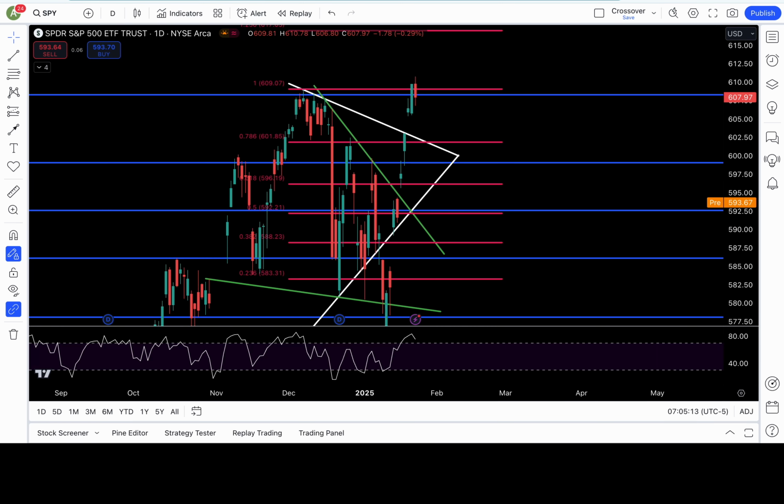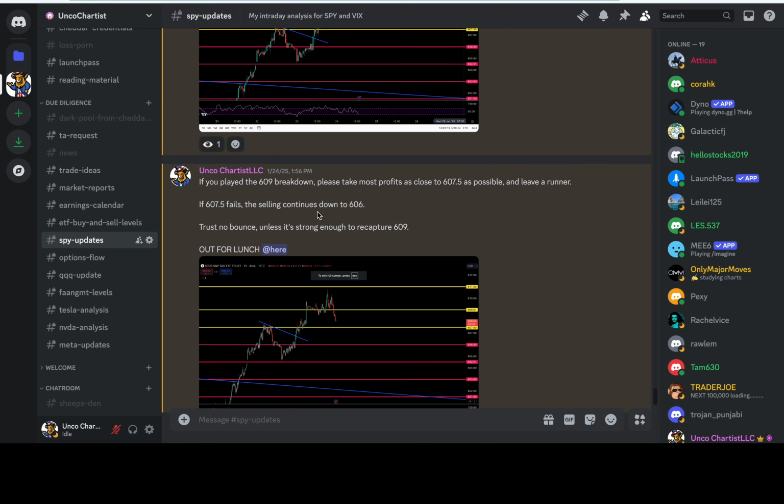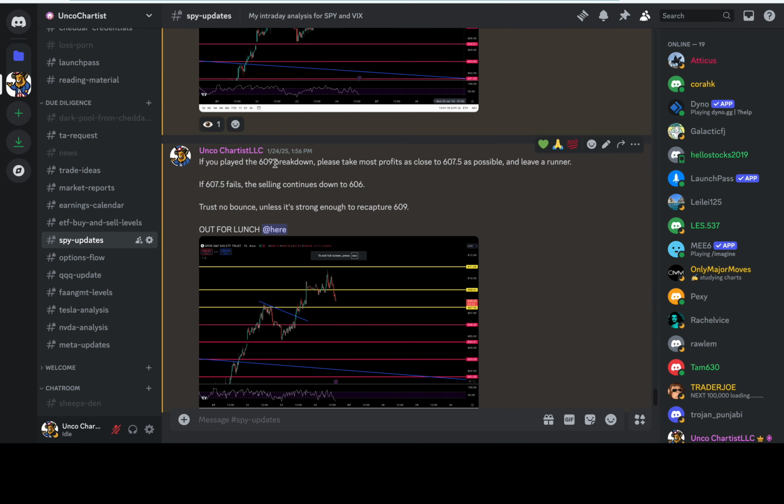But look at that. We also got the big gap down. And what did I say? I wrote in a later post, if you play the 609 breakdown, please take most profits as close to 607.5 as possible and leave a runner.